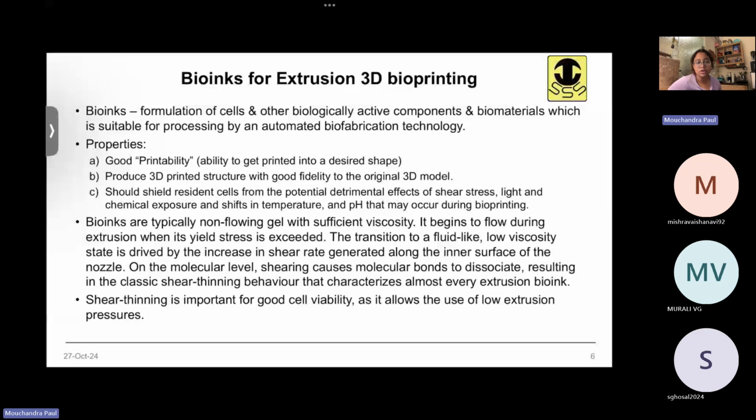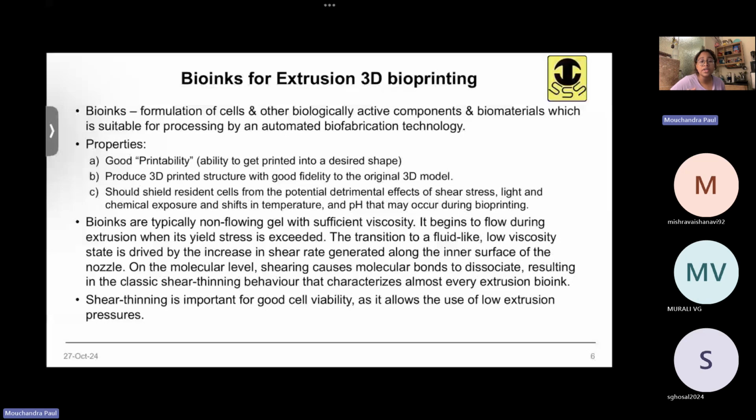So let's talk first about the bioinks and how you should design a bioink. Like Murli said, the cells are vulnerable to high pressure. They are so tiny and the cell membranes are so weak. If we apply a very high amount of pressure, they will burst, right? If you load around, say, 1 million cells, there's a high chance that 80 to 90% of the cells will die.